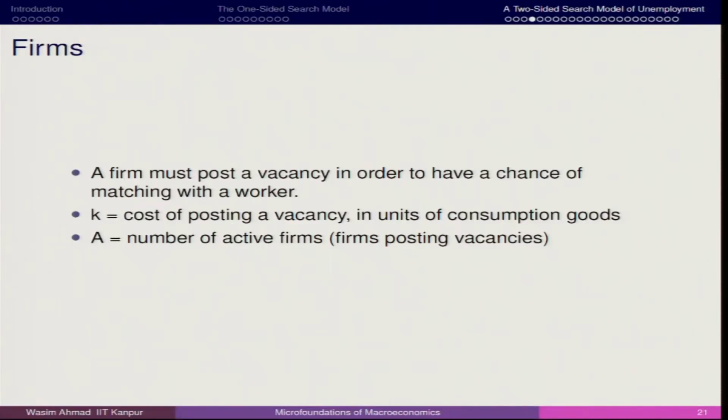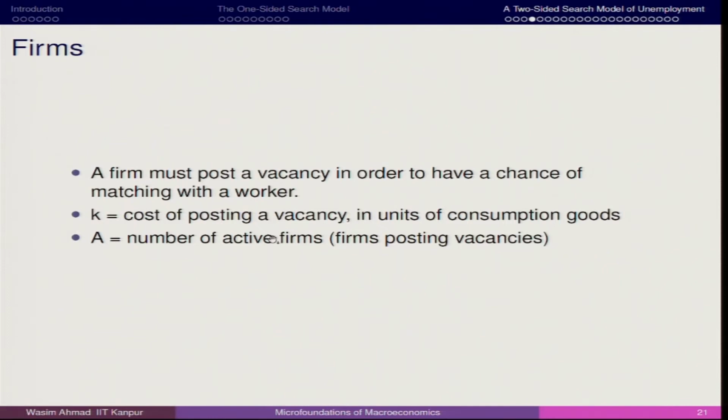And when I am talking about the number of firms looking, here we are studying only those firms who are interested in posting jobs. The firms which are not interested, we are not going to consider. So, A is the number of active firms who are posting vacancies regularly.